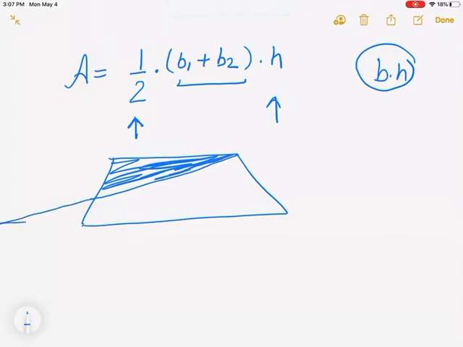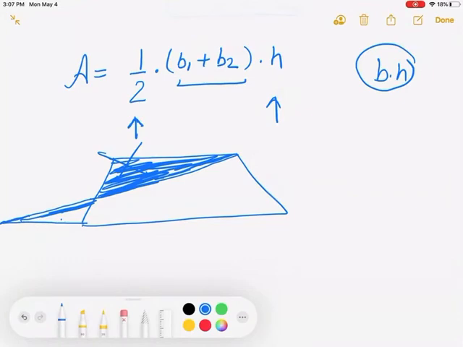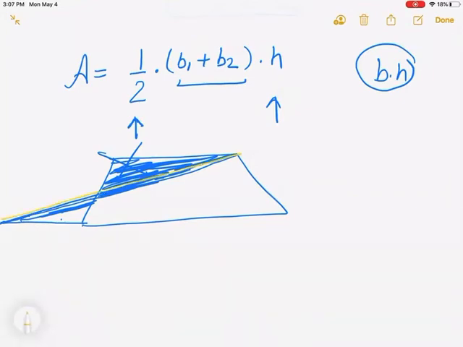If I put this slice over here, what do you see? Let me pick a different color. What I see is a triangle here.